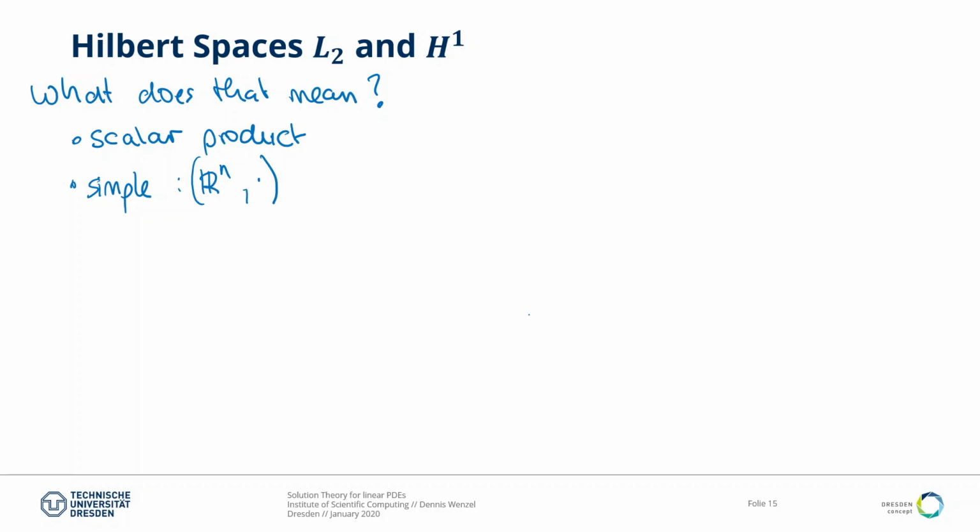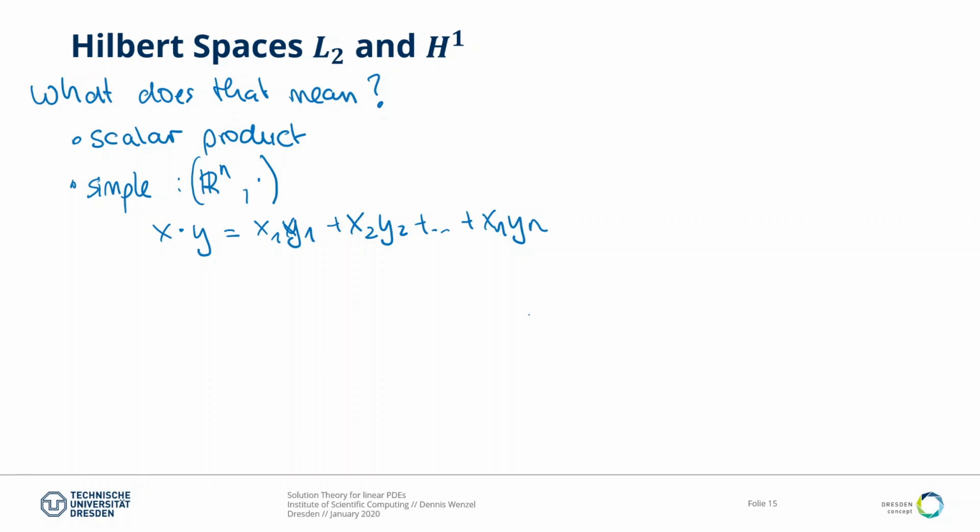The scalar product of two vectors in Rn is simply defined by multiplying the corresponding components and summing up the whole stuff. That's something you all know from lectures you have seen somewhere else. So that's the standard scalar product in Rn.